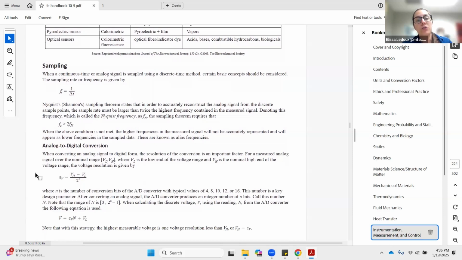Frequency, you will have questions on sampling frequency, so you'll want to know these formulas. Basically, the sampling frequency is the inverse of the amount of time between samples.